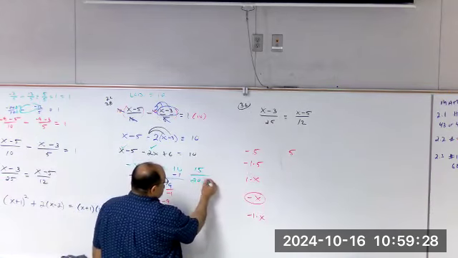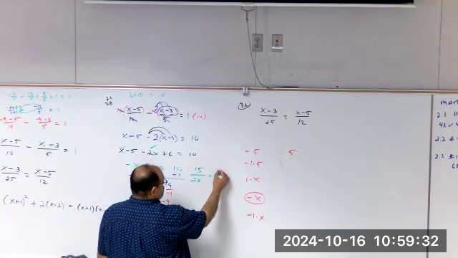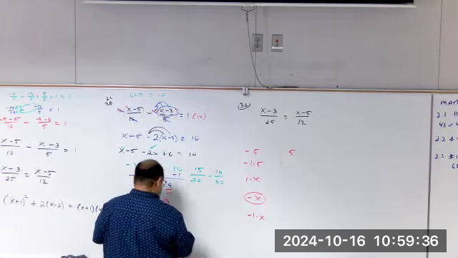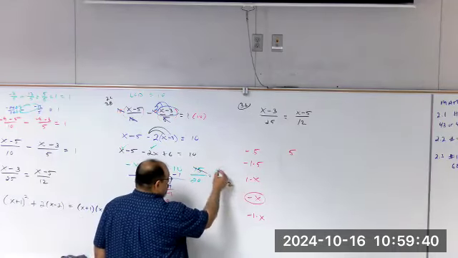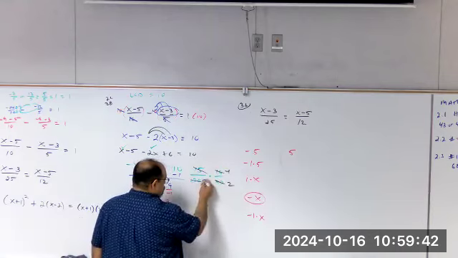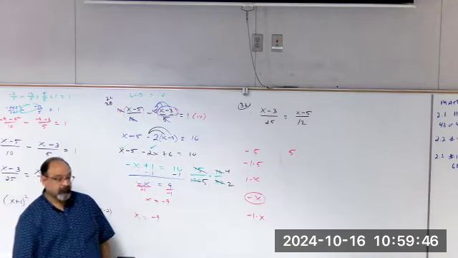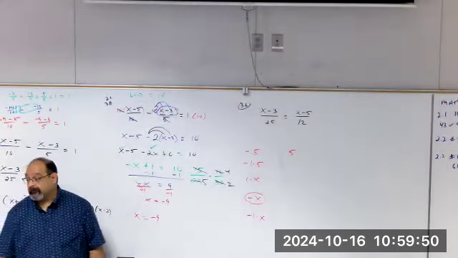15 over 20 times 16 over 30. They think this is cross multiply. No, that's reducing common factors. That's not multiply. Multiply means I would have multiplied stuff.